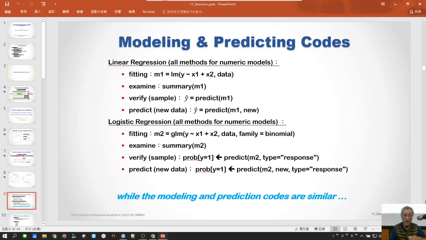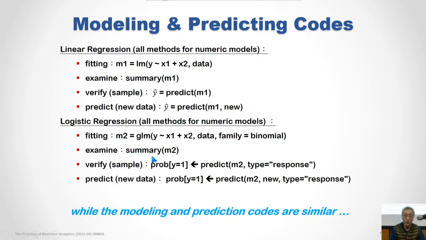As we say, building a model and making a prediction is easy, right? It's quite straightforward. To fit the model, you need the data, and then you put in the data and specify the outcome and predicting variable, and you call GLM. Remember to put family binomial.